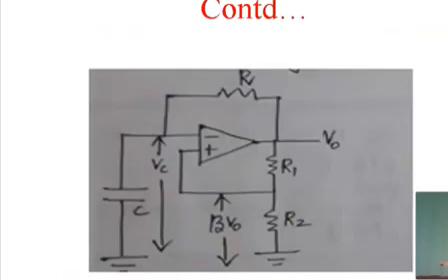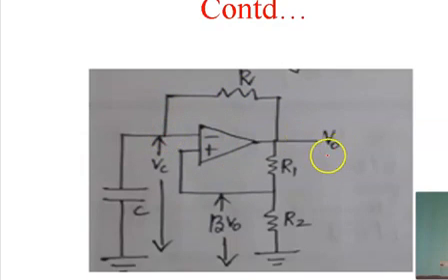Now let's see the circuit of the astable multivibrator. As I said before, the output voltage is fed back to the non-inverting terminal of an op-amp as well as to the inverting terminal of an op-amp.